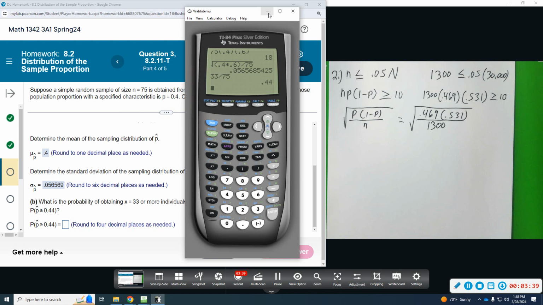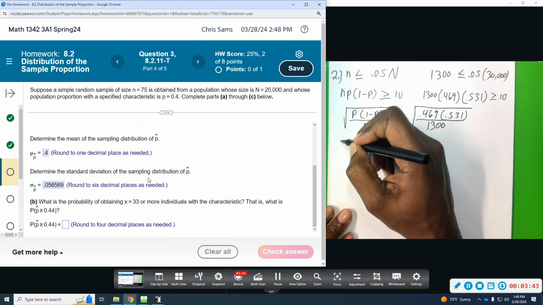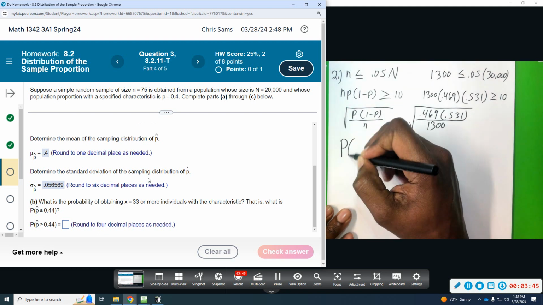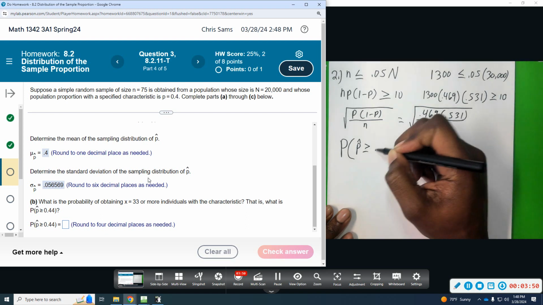So applying this to the z-value, we are looking at the probability that p hat is greater than 0.44.